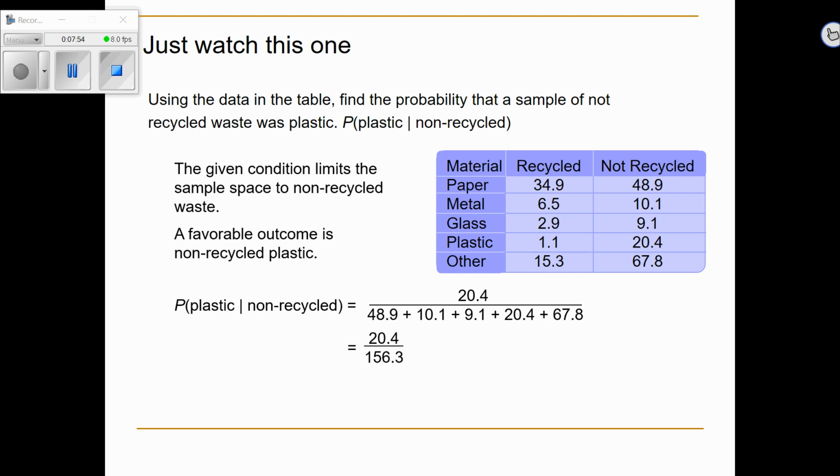So I add them together. This is what we get. Typically, we will convert it to a decimal, which could be written as a percent. But we would say here that the probability of the non-recycled waste for plastic was about 13% because of the decimal we get here. So just remember that we can convert those fractions into decimals and percentages as well. All right? Okay.